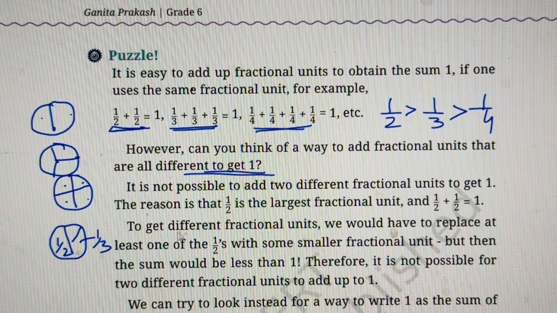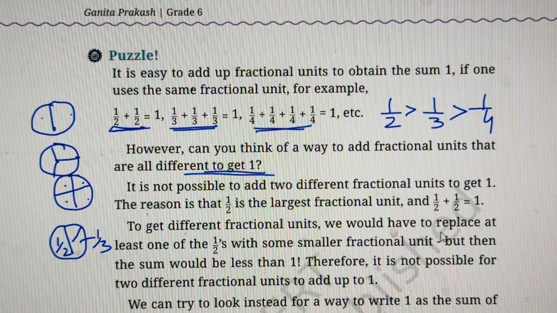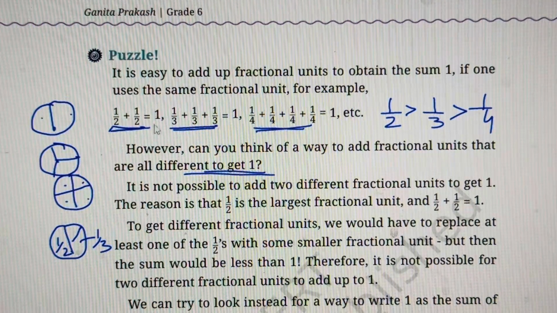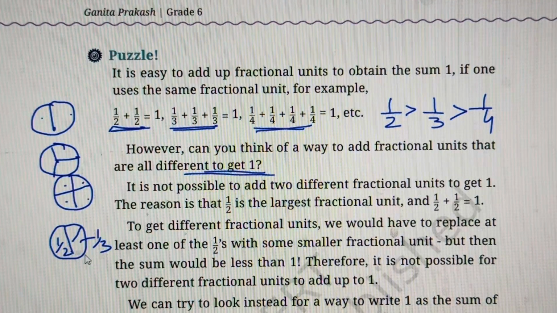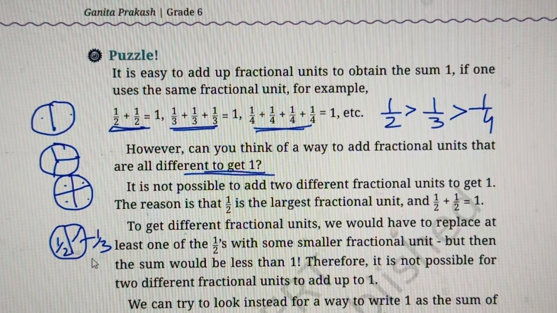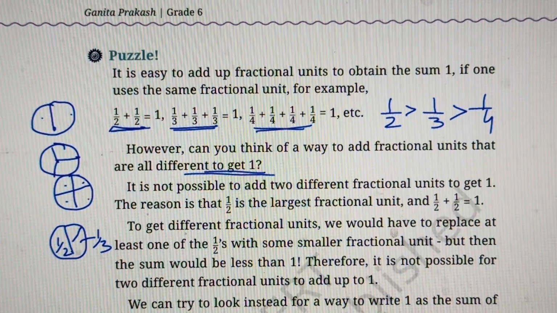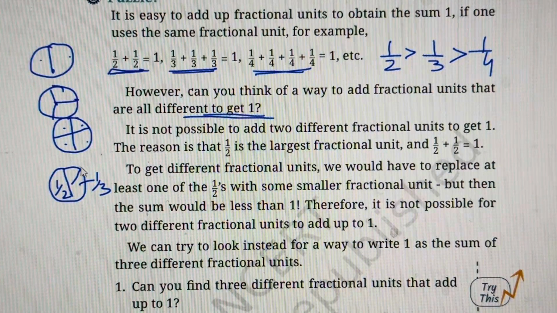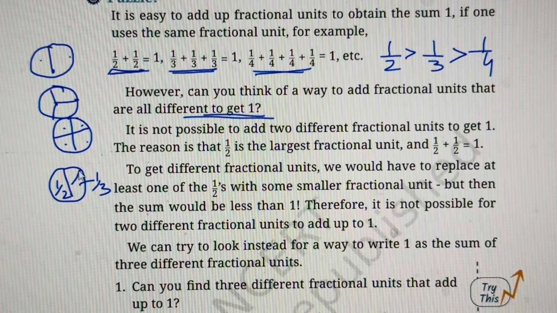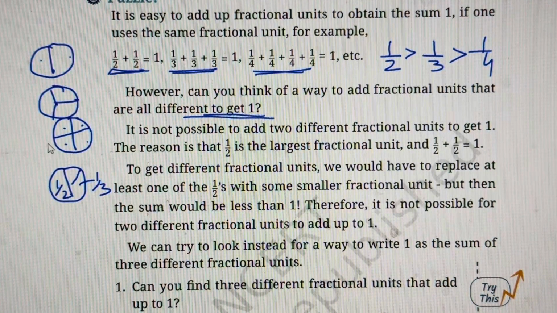So to get different fractional units, we would have to replace at least one of the halves. There are 2 halves. So 1 half we kept here, and if we try to replace the other half, its value will be less than half. 1/3, 1/4, 1/5, whatever you take, its value will be less than half, right? So you will not be able to complete this circle. You will not be able to make it 1 full, so the sum will always be less than 1.